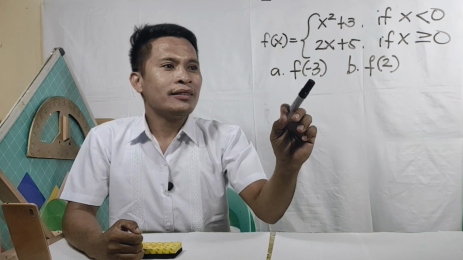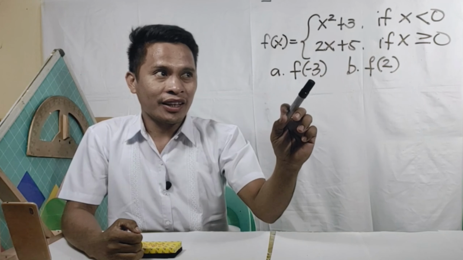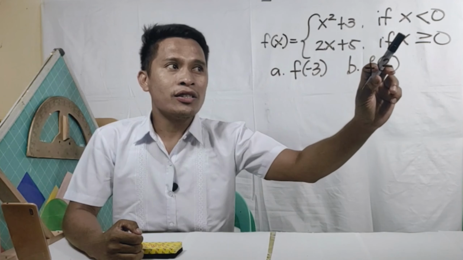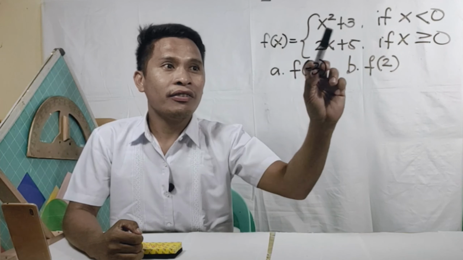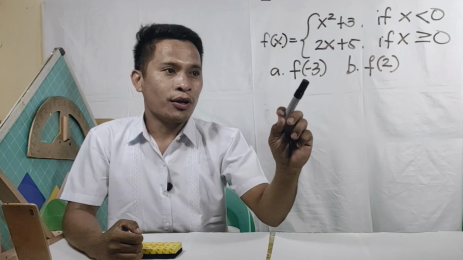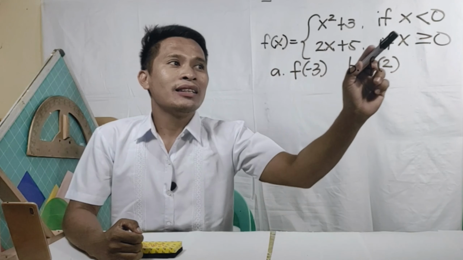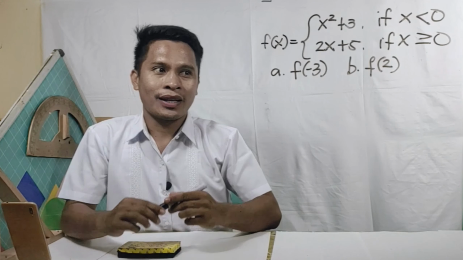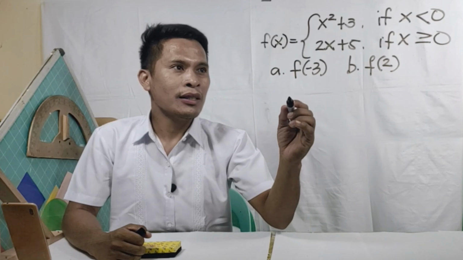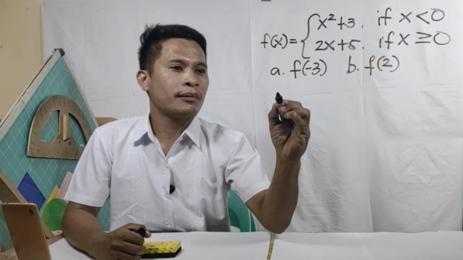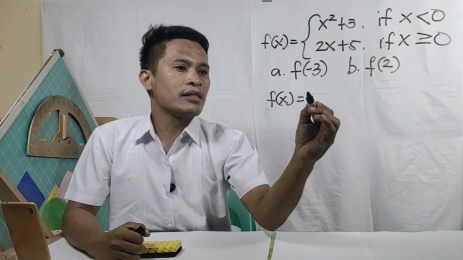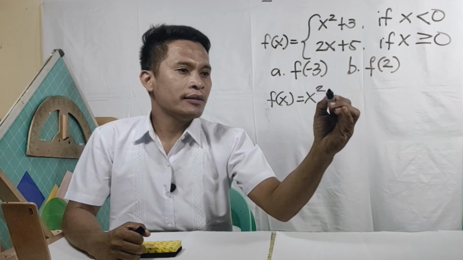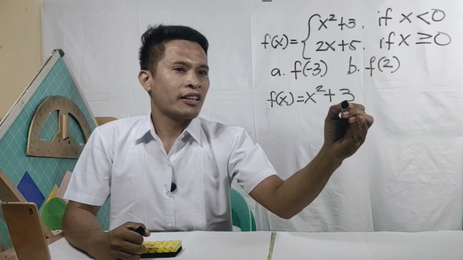In letter A, the value of x is negative 3. It falls in the first line of the piecewise function because negative 3 is less than 0. Let's evaluate. We will use the first line. F of x equals x squared plus 3.